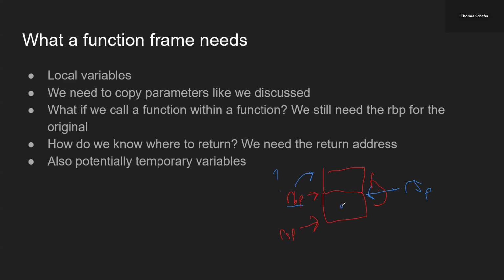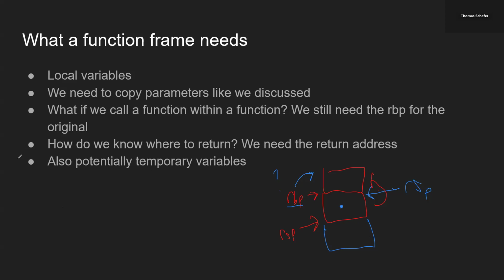Also, if I'm in this function, how do I know where to return? In some implementations, like I know RISC-V has a return address register where you can restore the return address. But what if there's a third function? We only have one register. So we need to think about how we keep track of where we're going back to.